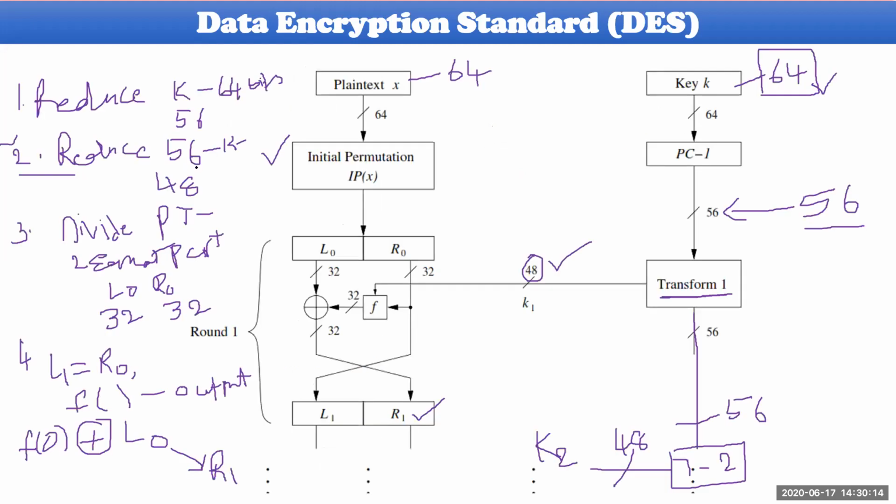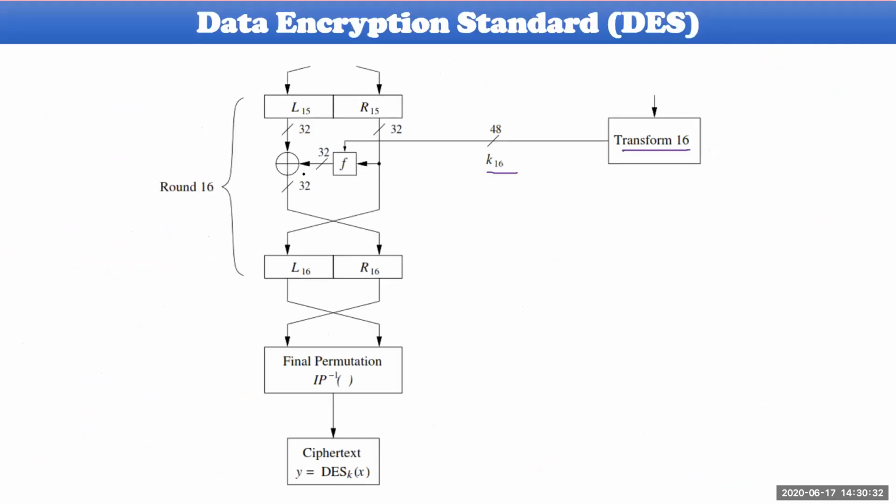Reduce your key from 56 to 48 and divide into equal parts; then L15 equals R14. The round function output must be exclusive ORed with R14, giving R15, and that is sent to L16 and R16.